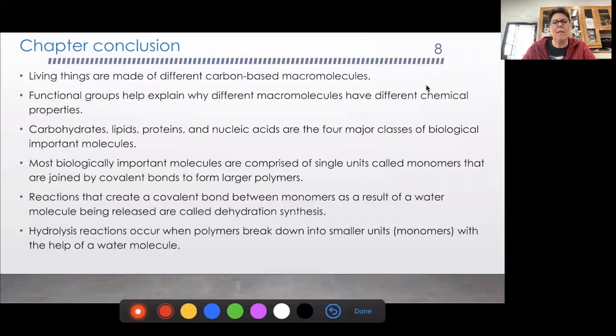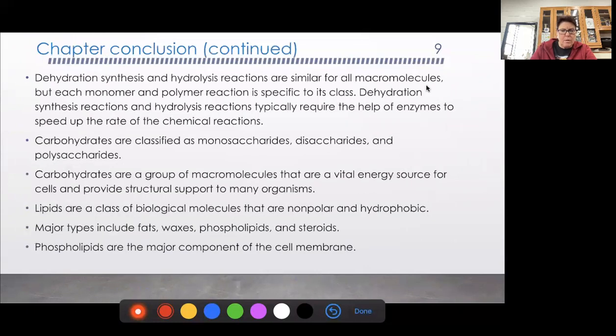And then we talked about our dehydration and hydrolysis reactions in order for either catabolism or anabolism. And then, of course, we also talked about our carbs, with a little more detail: our monosaccharides, our disaccharides, our polysaccharides. We talked about what their functions were.